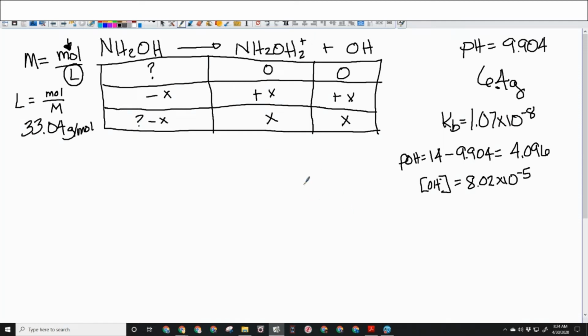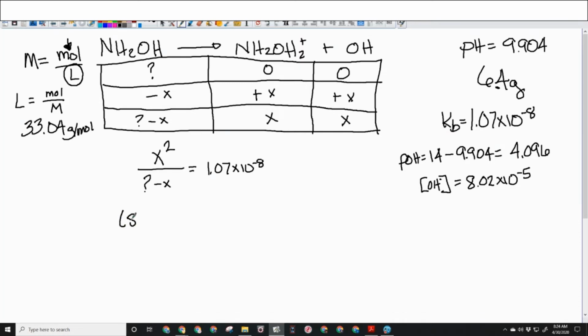Okay, so let's substitute in our value for x. Let's write down the equation first. So this is going to be x squared over question mark minus x is equal to 1.07, which is the Kb, times 10 to the negative 8. Now let's substitute in the value we calculated from the pH for the concentration of the hydroxide.